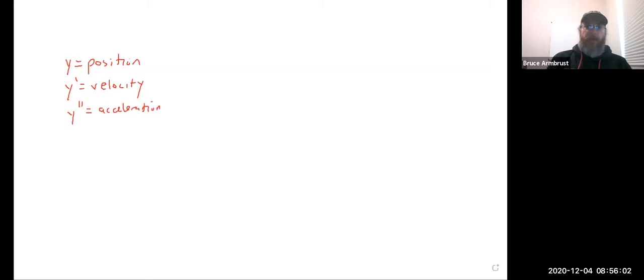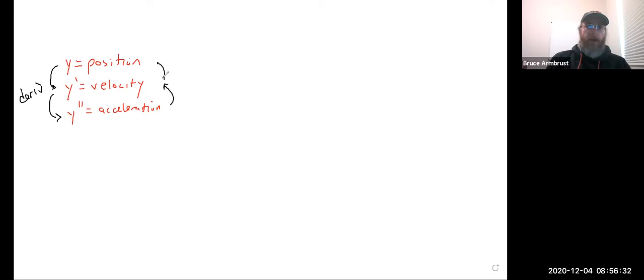All right, so we all remember that. Now, what we can do in this case is, since we know acceleration, we want to find position, we've got to go the other way. So what does that mean? Well, that means we need to anti-differentiate, right? Because when we're going down this list, these are derivatives.